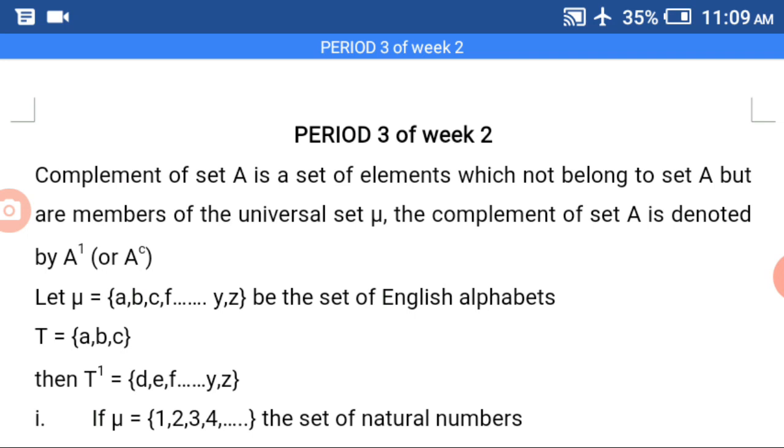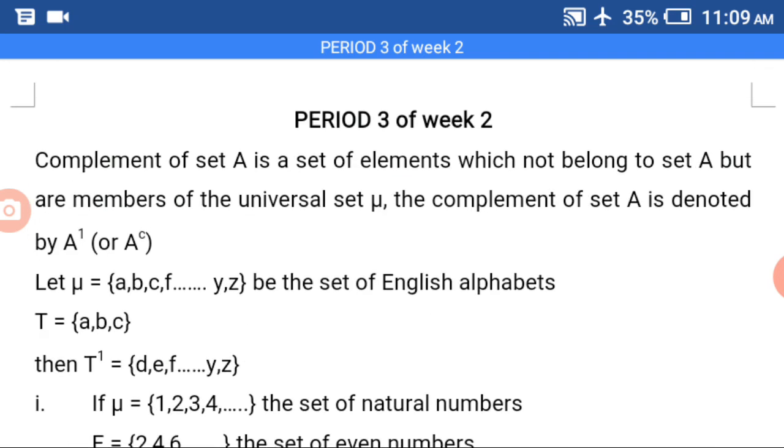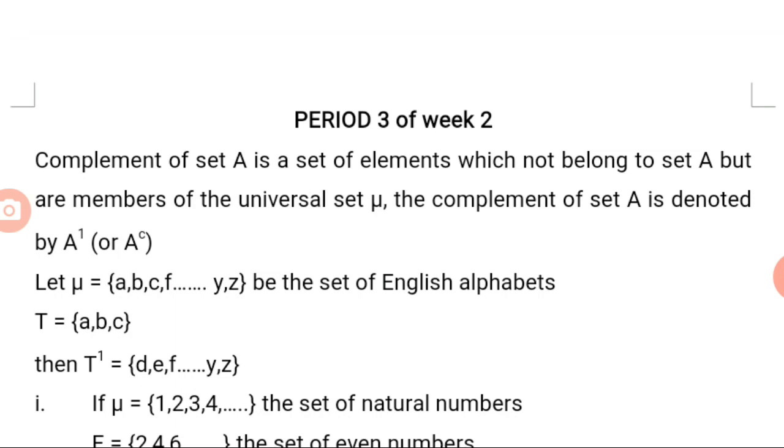In our previous lessons, we mentioned union of sets and intersection of sets, and we gave many examples. So today, inshallah, we want to look at complement of sets.